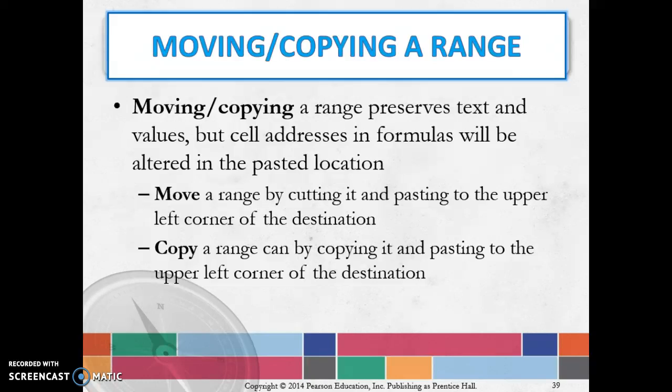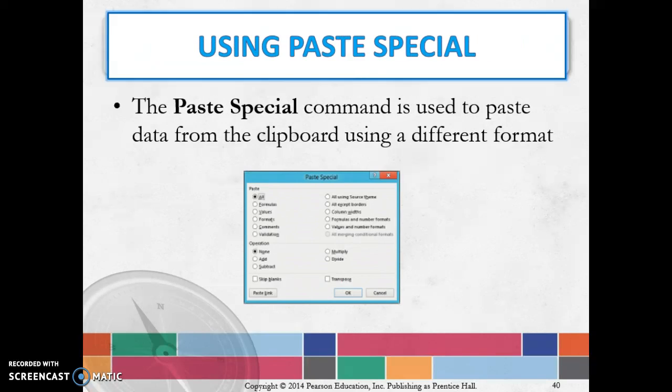So if you don't want that to happen, if you just want to move the data itself and you don't want that formula anymore, you can use something called Paste Special. So it allows us to take data and put it into a different format. So we can change it from a formula into a value, for example. And I actually do that quite often.